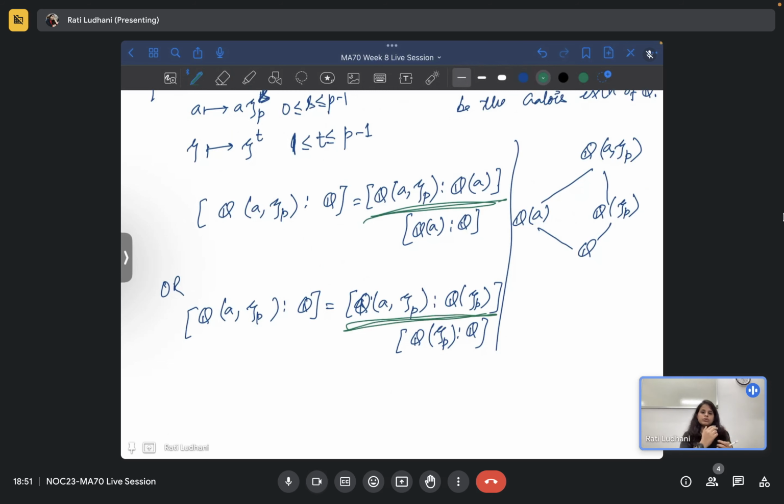That's why I wrote both. We might have to use both of these equalities.